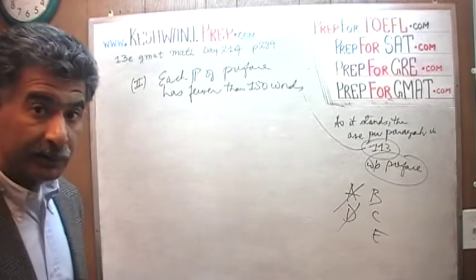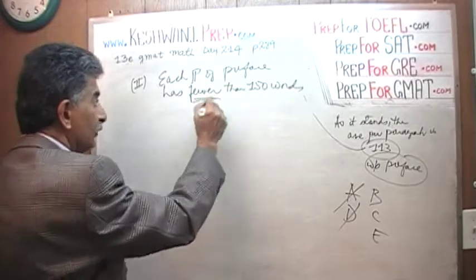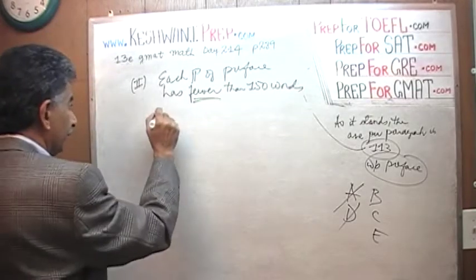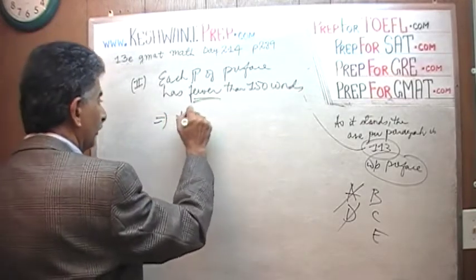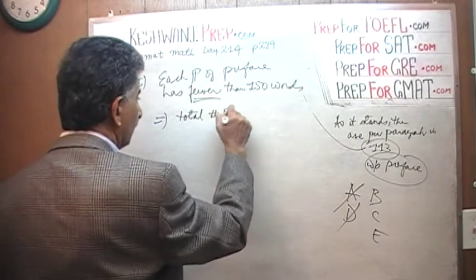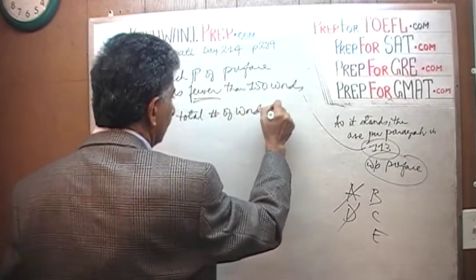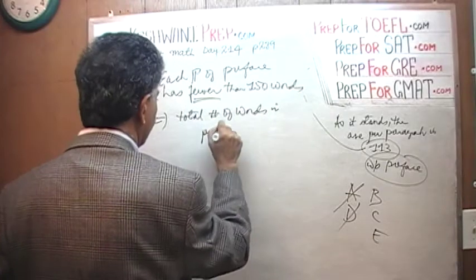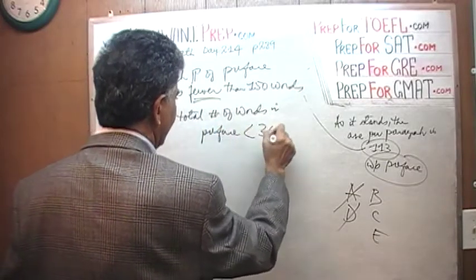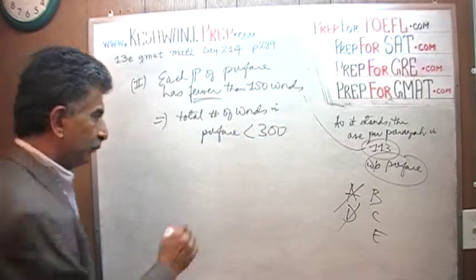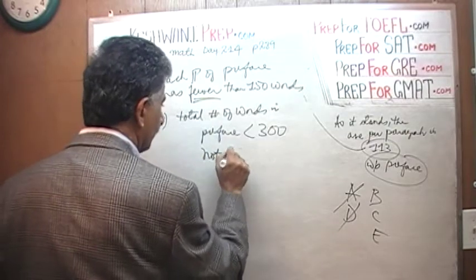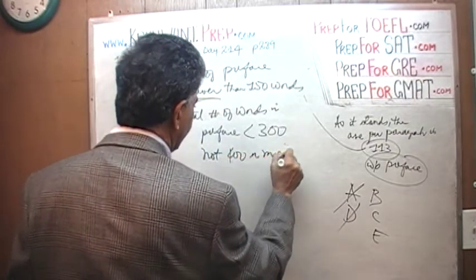Well, if they have fewer than 150, it doesn't say more, it says fewer than 150, then that implies that the total number of words in the preface is less than 300. Not 400 or more.